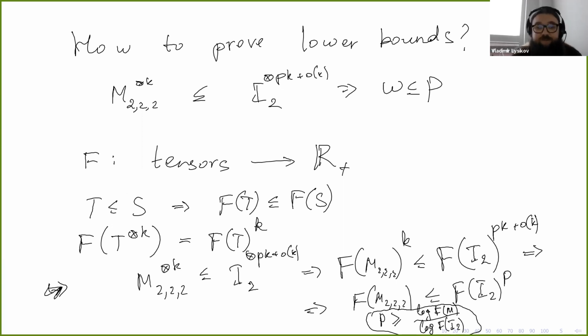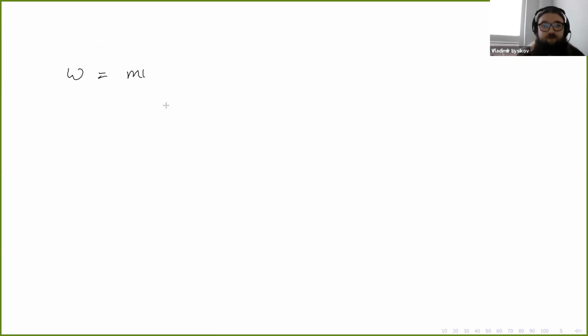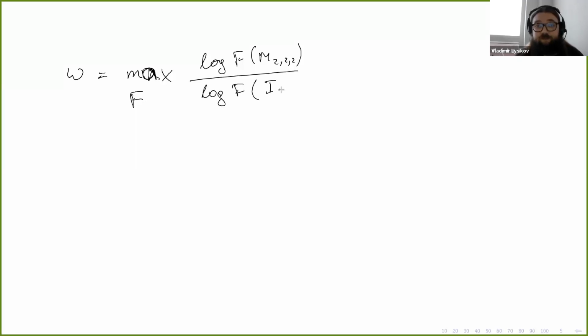And he also proved that if we actually find all the possible maps F which have this property, then omega is actually the maximum over all maps F which have our properties of log F on the matrix multiplication tensor over log F on the diagonal tensor.